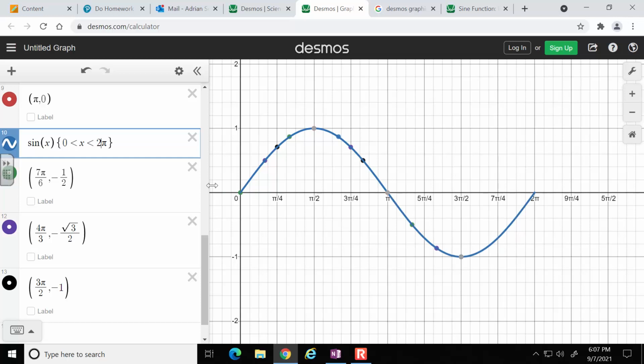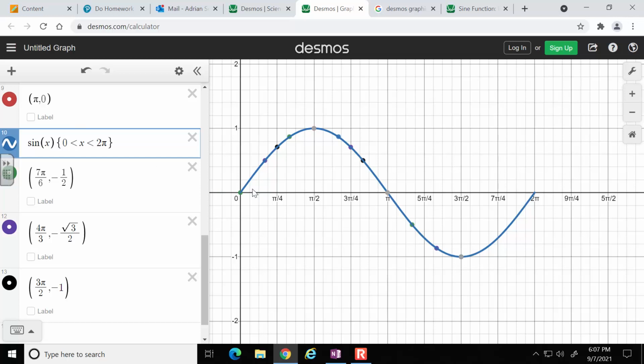So if we keep going, we could take 2 pi and add pi over 6 to it. Guess what? We're going to be at the exact same point we were earlier, because all I've done is take that point and add 2 pi to it. It's going to be at the exact same y value. Remember, sine and cosine have a period of 2 pi. So this graph is essentially repeated to the left and right.